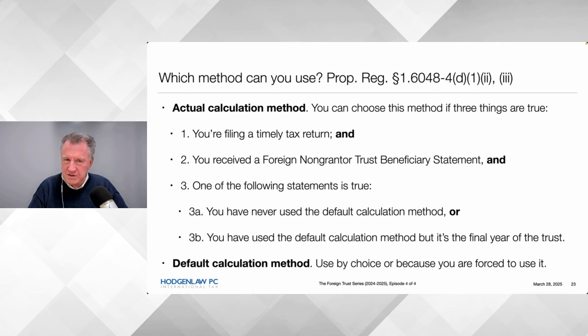So this is fairly restricted, and you can see the way gravity works in the tax code here. It works in favor of pushing you towards the default calculation method. And you have to invest a lot of energy to fight against that entropy in order to stay in and use the actual calculation method.